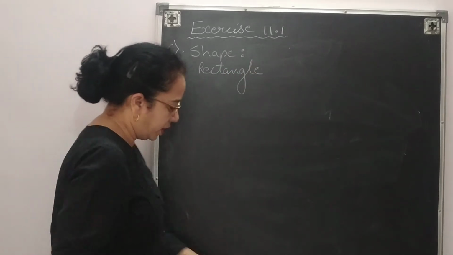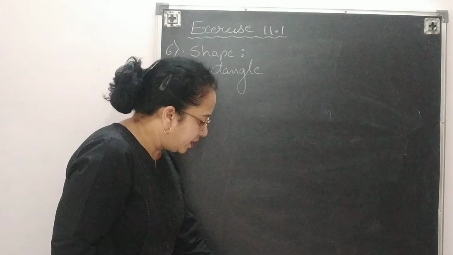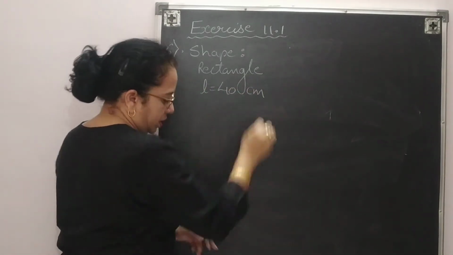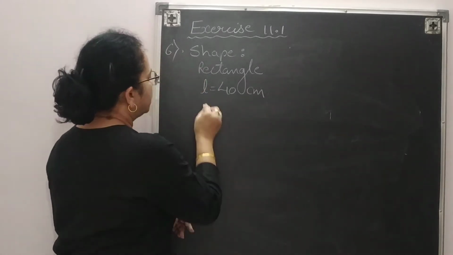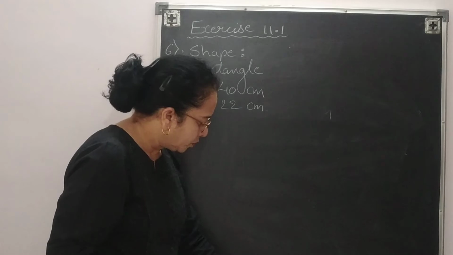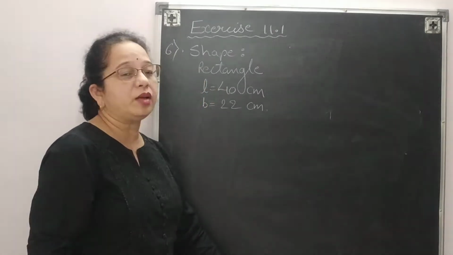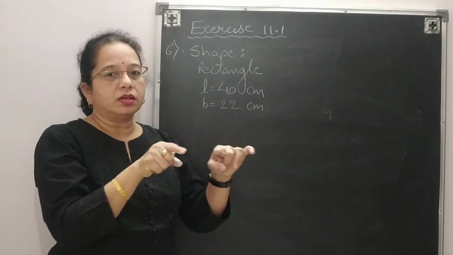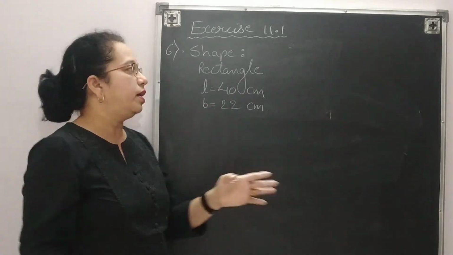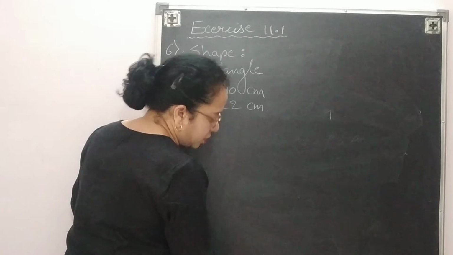So let me write down rectangle. If its length is 40 centimeter and breadth is 22 centimeter. If same wire is rebent, we have made one rectangle, just open that thread and again make a square.